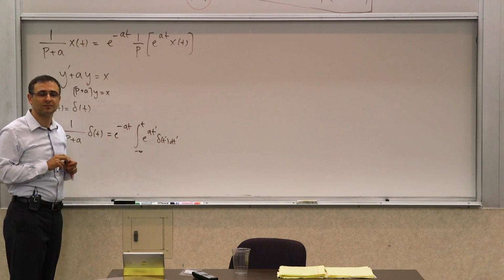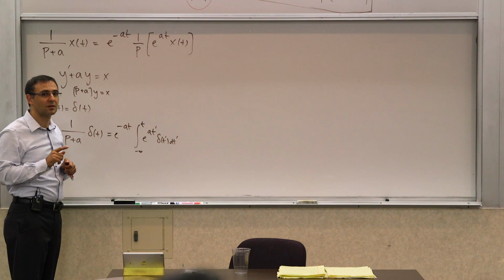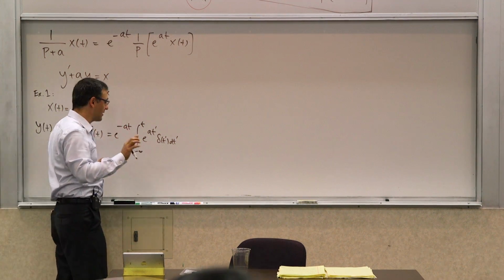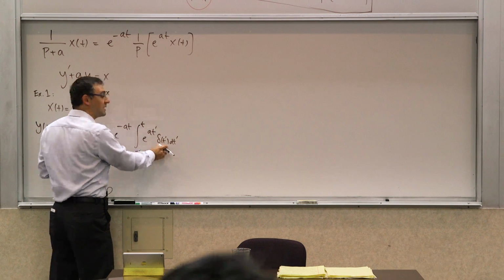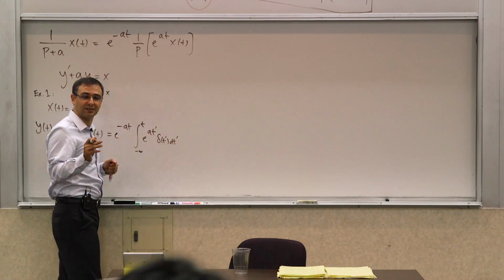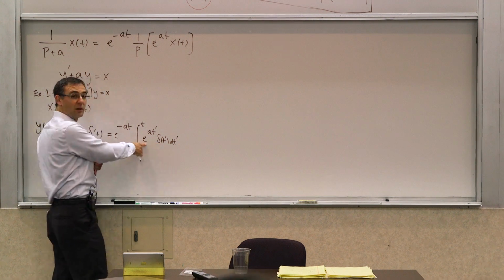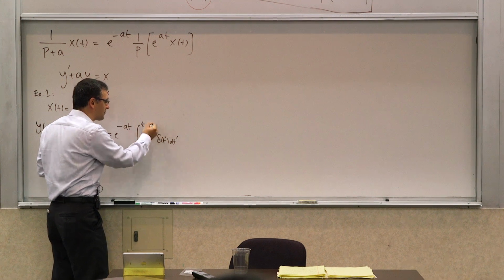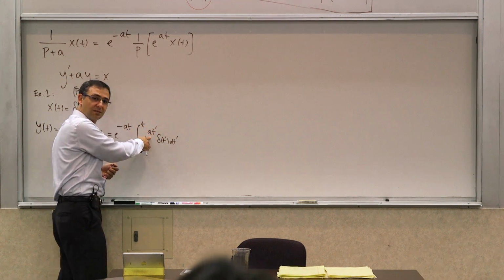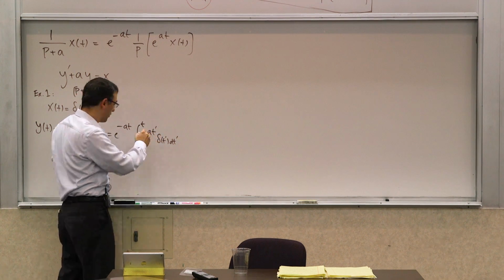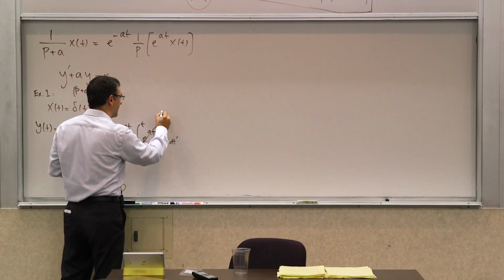Because the value of this function is 0 at all times other than t equals 0, so it's 0 times some function at all those times, which doesn't matter. The value of this part of the product only matters at t equals 0. What is the value of this thing at t equals 0? 1, right? So this becomes 1.